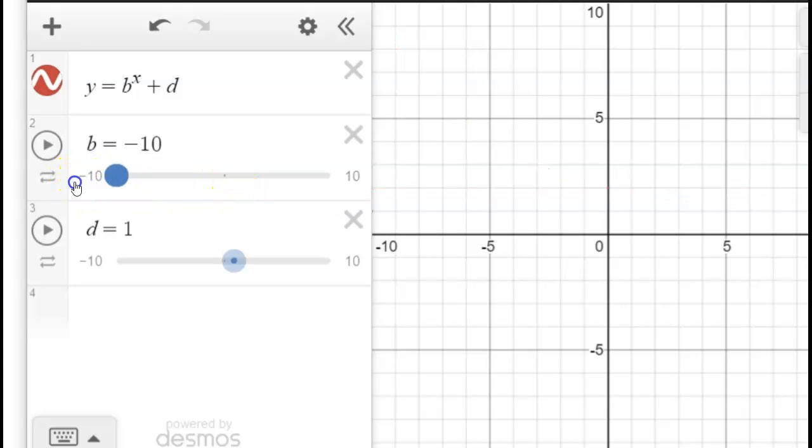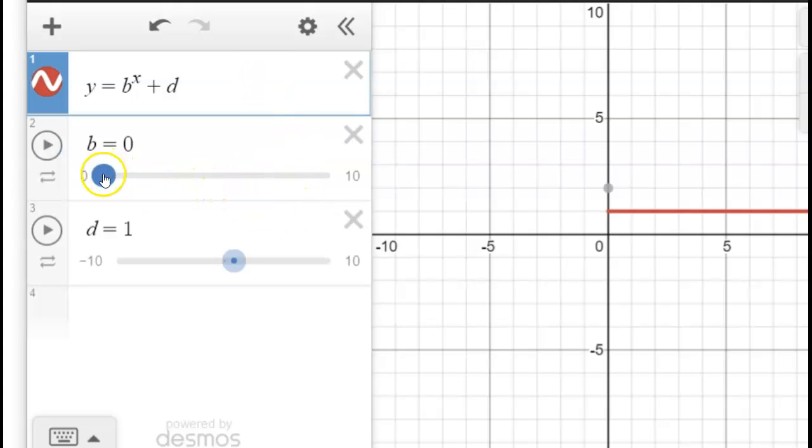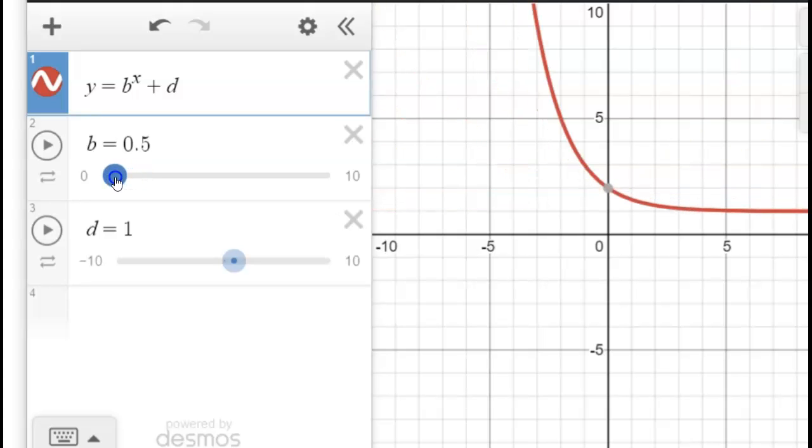And also we looked at it yesterday, and we don't see any exponential graph if this b is equal to 0, or equal to a negative number. So I'm going to change this b to be positive because we don't care if it's a negative number.